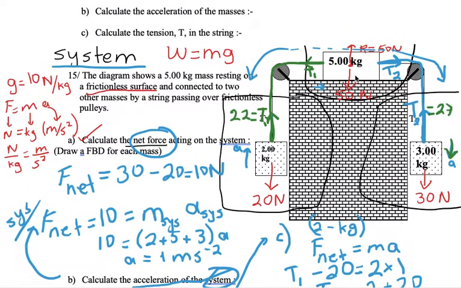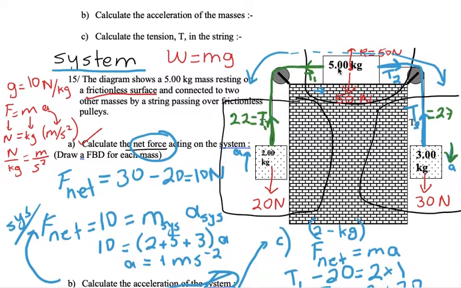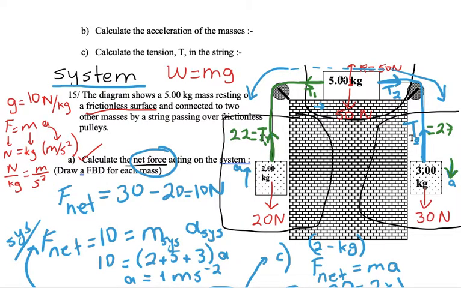If I was right to assume that T1 is the same acting towards the left on the 5 and T2 is the same T2 acting towards the right on the 5, this equation should check for the 5 kilogram as well. So that's what I'm going to check now. I'm going to write the F net equals mass times acceleration equation for the 5 kilogram, and see if it checks out.